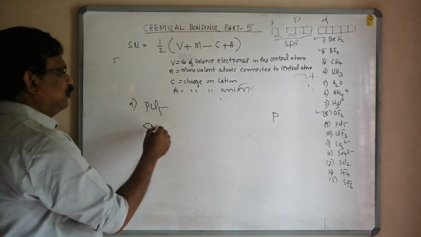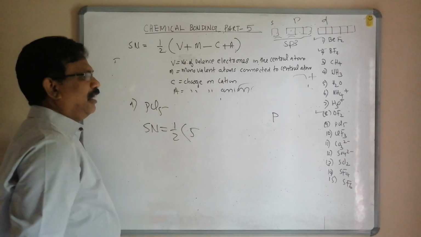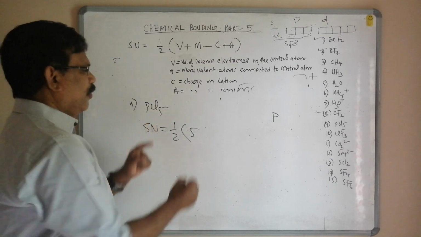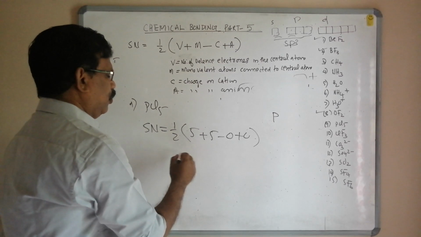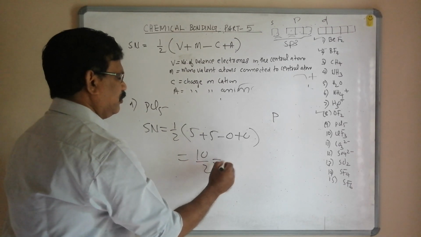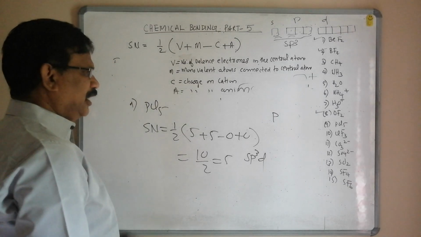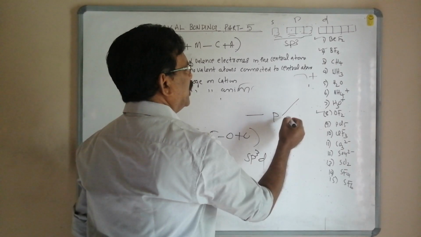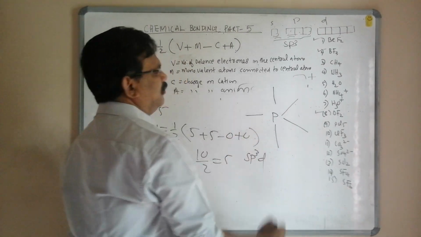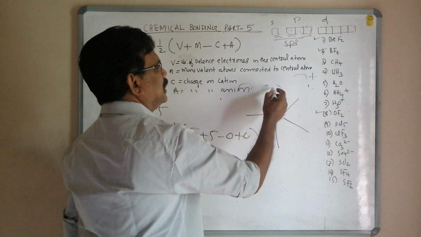So steric number is equal to half into: phosphorus 15th group, 5 electrons in the valence shell, monovalent atoms also 5, minus 0 plus 0, neutral molecule. 10 divided by 2 is equal to 5, hybridization sp3d. 5 hybrid orbitals around phosphorus.